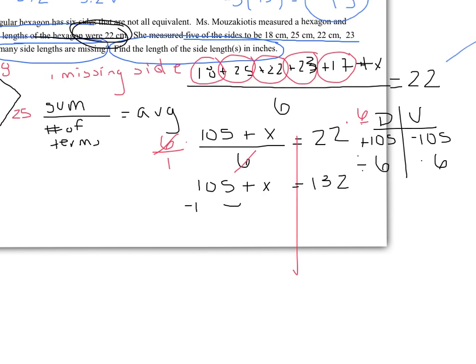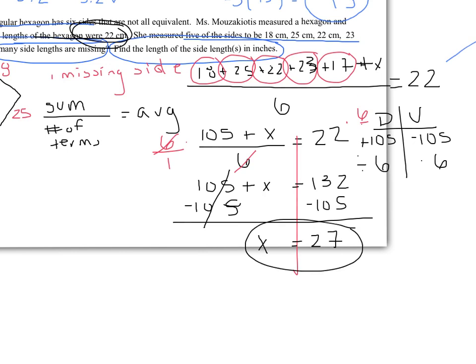Next, I need to subtract 105. These are going to cancel, and I'm left with x equals 132 minus 105, which is 27. So our side length that is missing is 27.